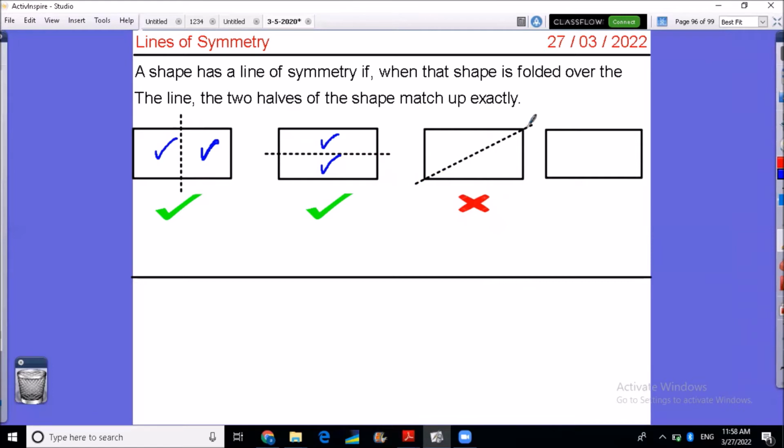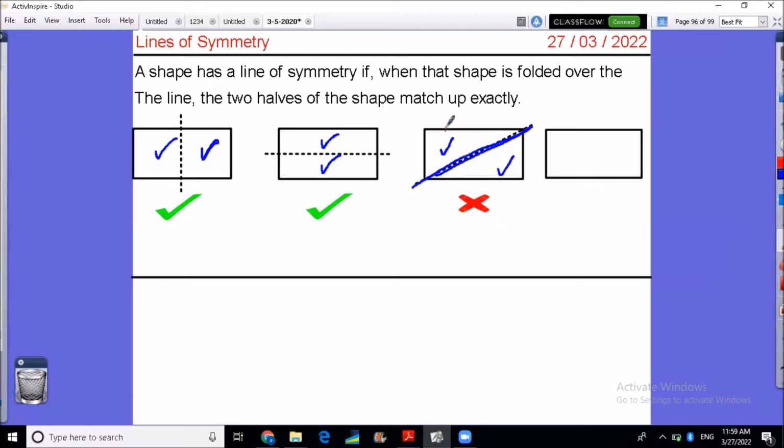Pause the video, get an A4 paper, and try to draw a line that is diagonal this way, or even put a ruler diagonally on the paper, and try to fold this part over the other part. They will never match up exactly, like in the first time and the second time.